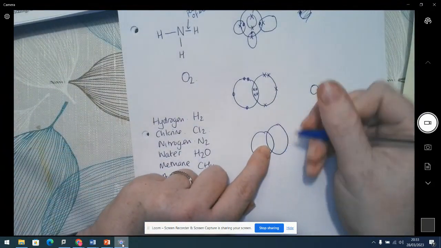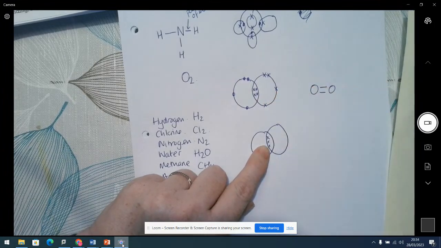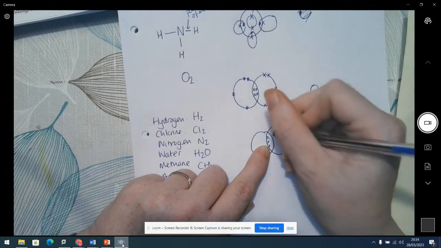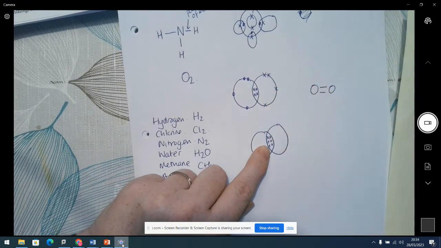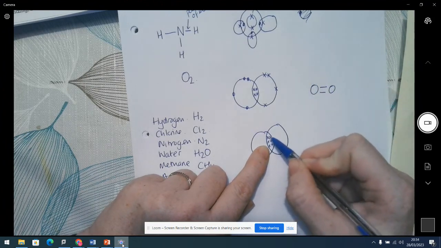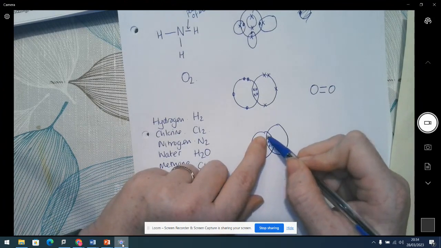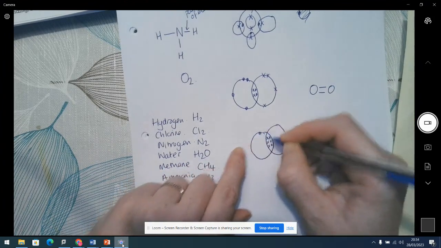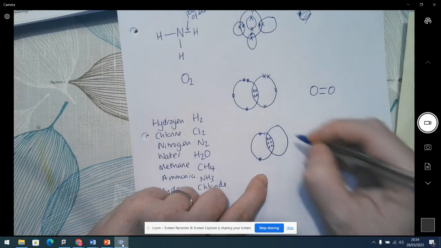So in the space where they're sharing, I'm going to do 1, 2, 3 electrons for that nitrogen atom. And I'm going to do 1, 2, 3 electrons for the other nitrogen atom. So in total, I've got 6 electrons here. So this atom's got 6 electrons, so it needs 2 more. And that will make 8 electrons.